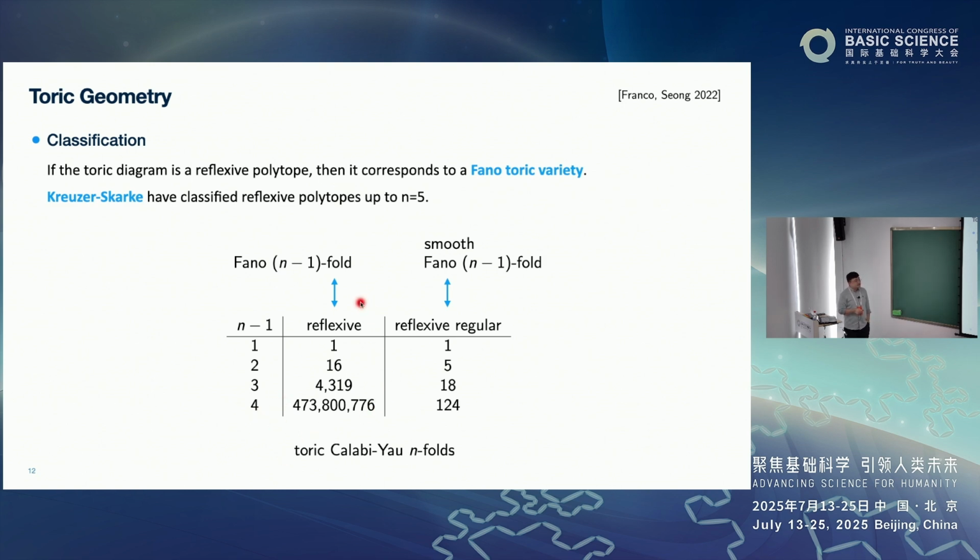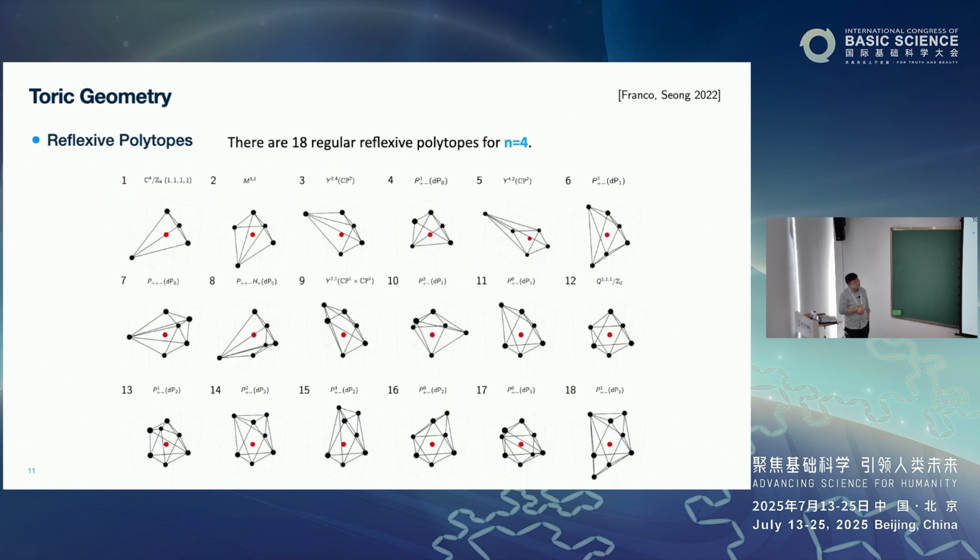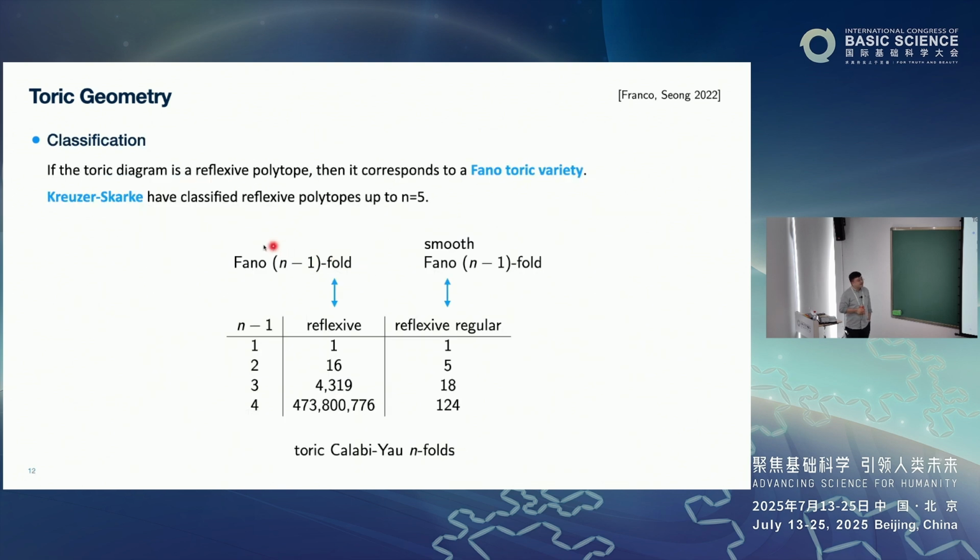A subfamily of these reflexive polytopes are regular polytopes. These are polytopes that have only corner points on their boundary. For instance, these are the so-called 18 regular polytopes in dimension 3. And these reflexive polytopes are known to result in affine toric varieties that are Fano.